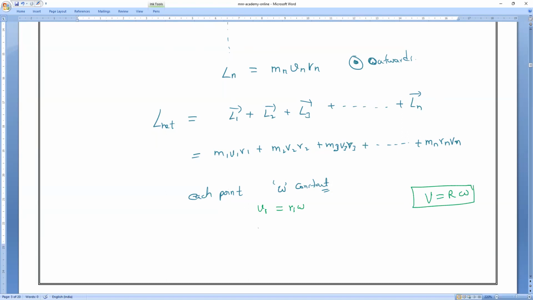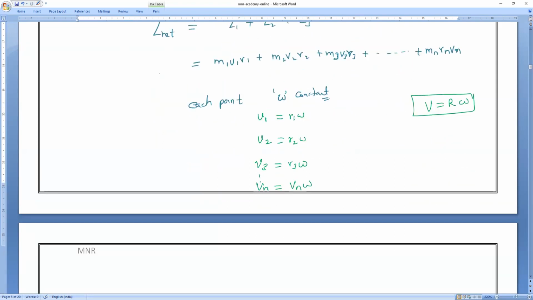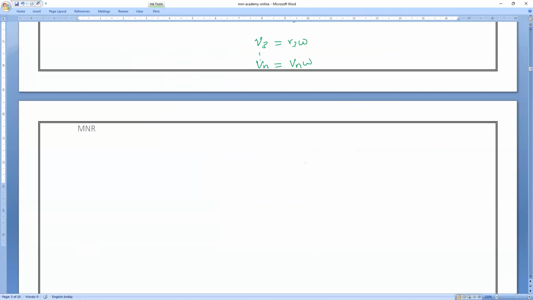Next V2 is equal to R2 omega, V3 is equal to R3 omega, and in the same way Vn is equal to Rn omega. So I will replace V with this. You will get M1 R1 omega into R1 plus M2 R2 omega into R2 plus, and so on, up to Mn Rn omega into Rn.